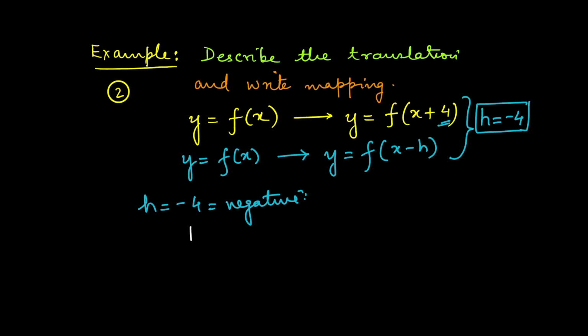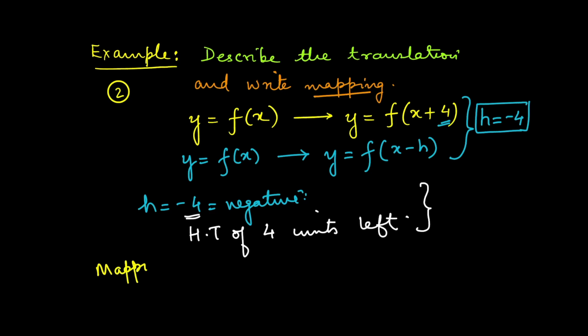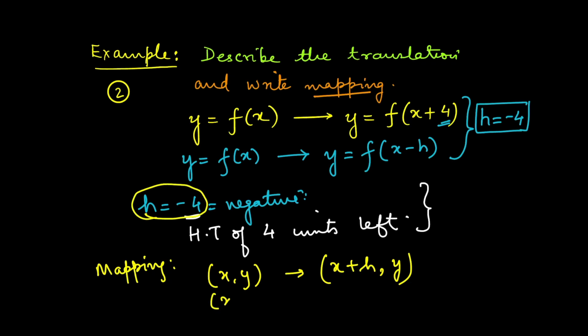Since it is minus 4, we don't take the sign, we take the absolute value: a horizontal translation of 4 units left. This is the description part. Now the next part says mapping. To find the mapping, we write the formula first: (x, y) goes to (x plus h, y). The h value, as we've written here, is minus 4, so (x, y) will be (x minus 4, y). This is the way we write the mapping.